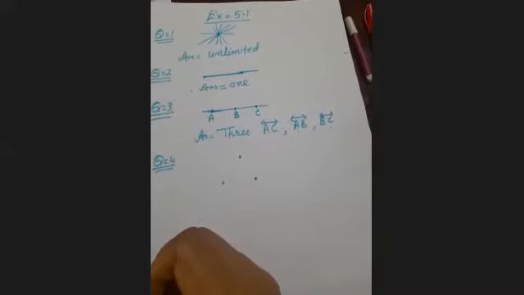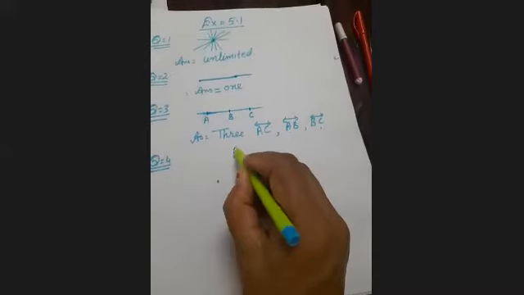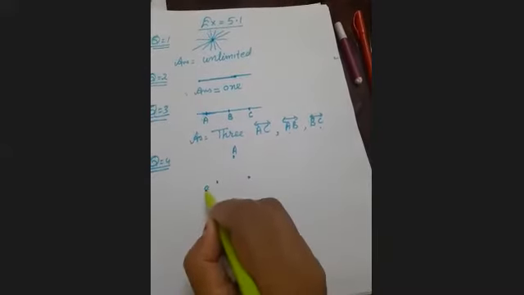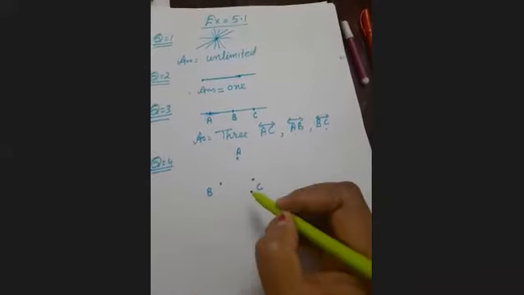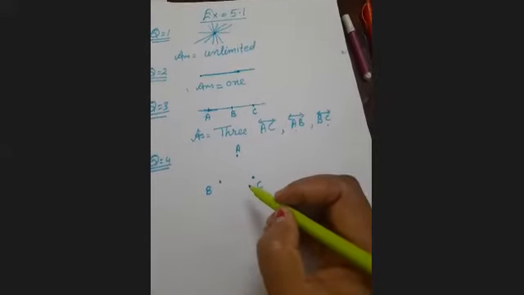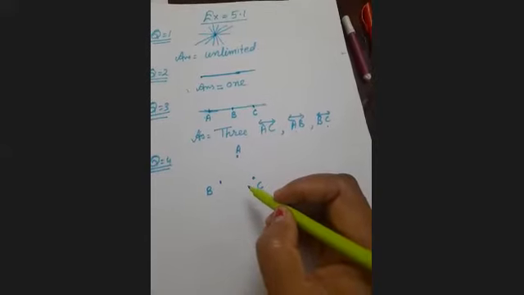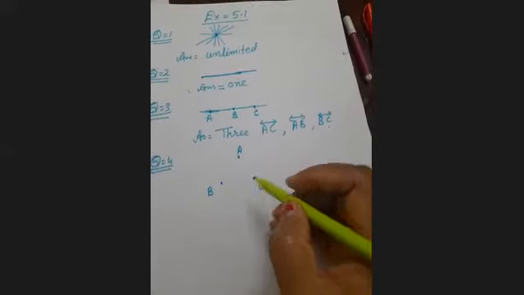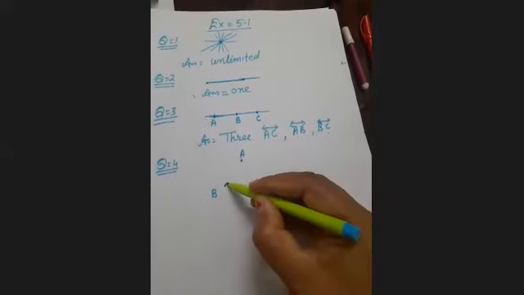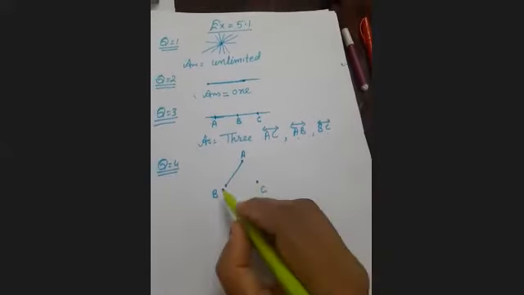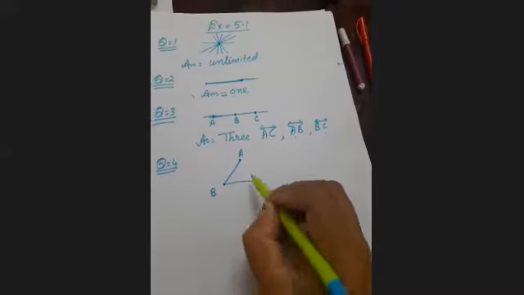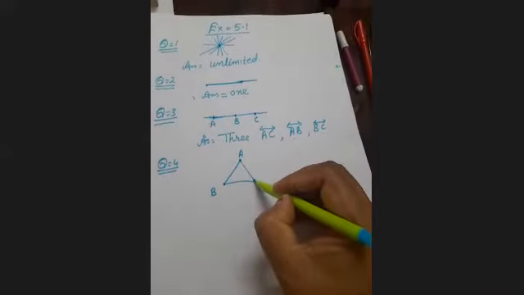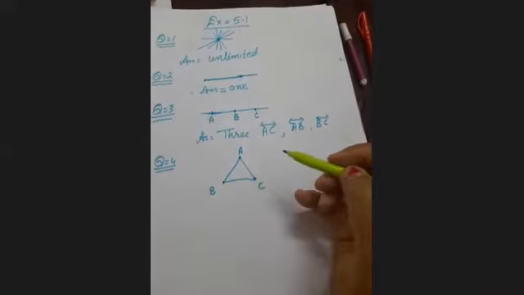First point is A, this is B, and this point is C. Now draw lines through these points, taking 2 at a time. First line segment, second, then third. Draw 3.